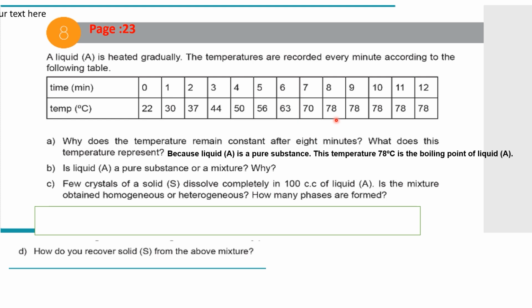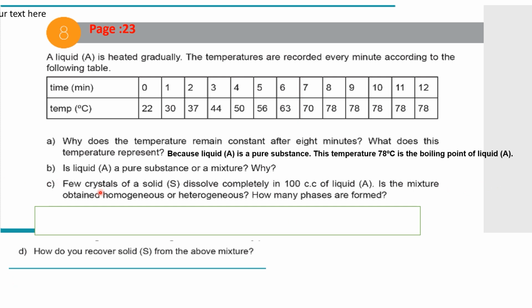Because pure substances have a specific physical constant, like the boiling point, the freezing point. So here we have the boiling point constant at 78. So liquid A is a pure substance, and this temperature is the boiling point of liquid A.